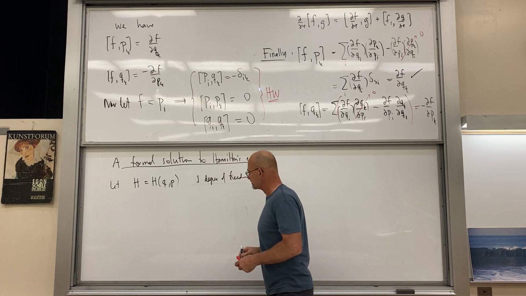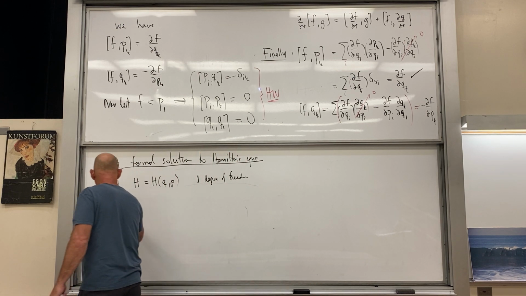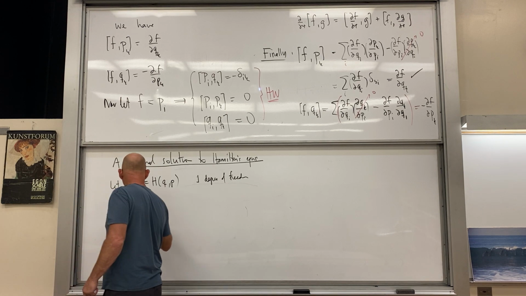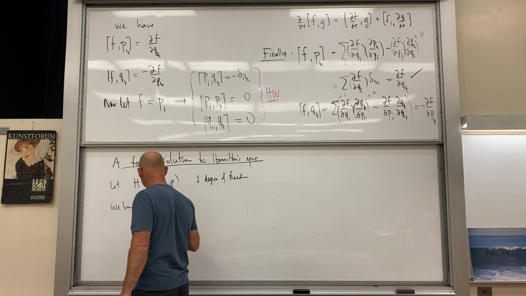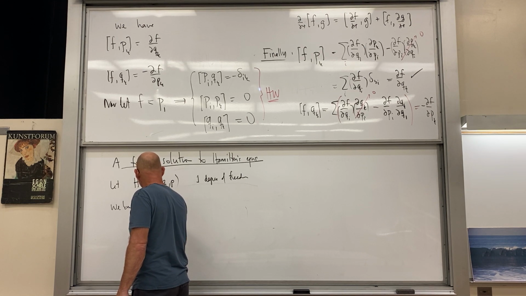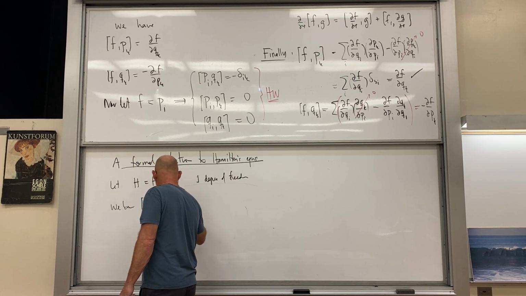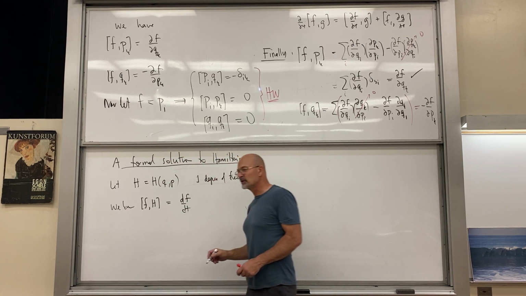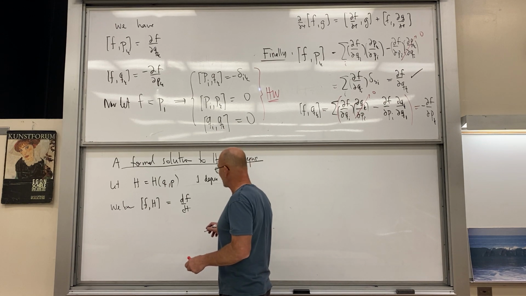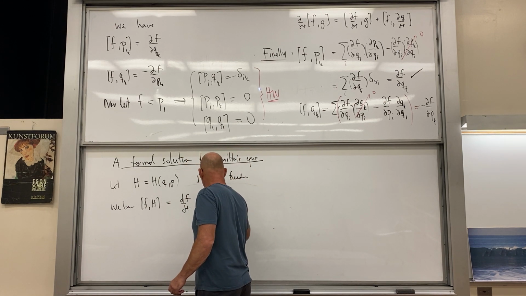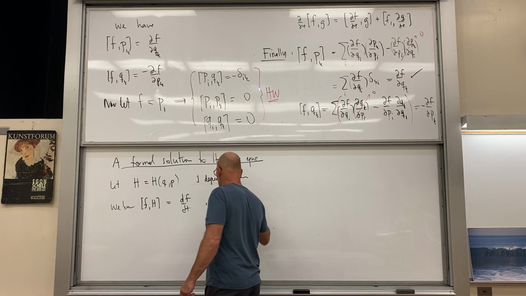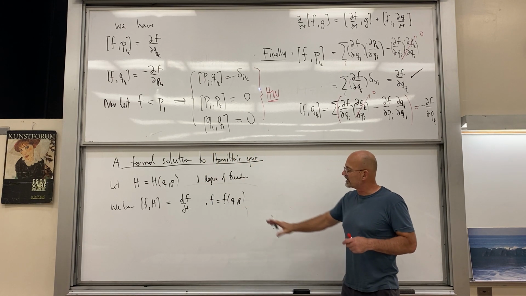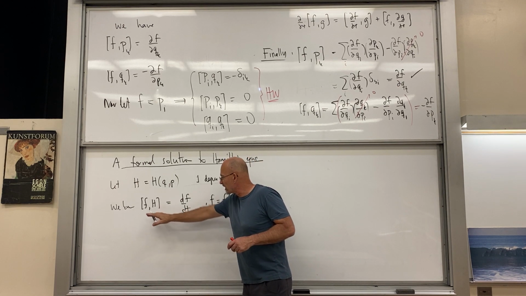So we know that the Poisson bracket of F with H is equal to dF/dt, because there's no explicit time dependence, and F equals F of Q and P. And we know the definition of this Poisson bracket.